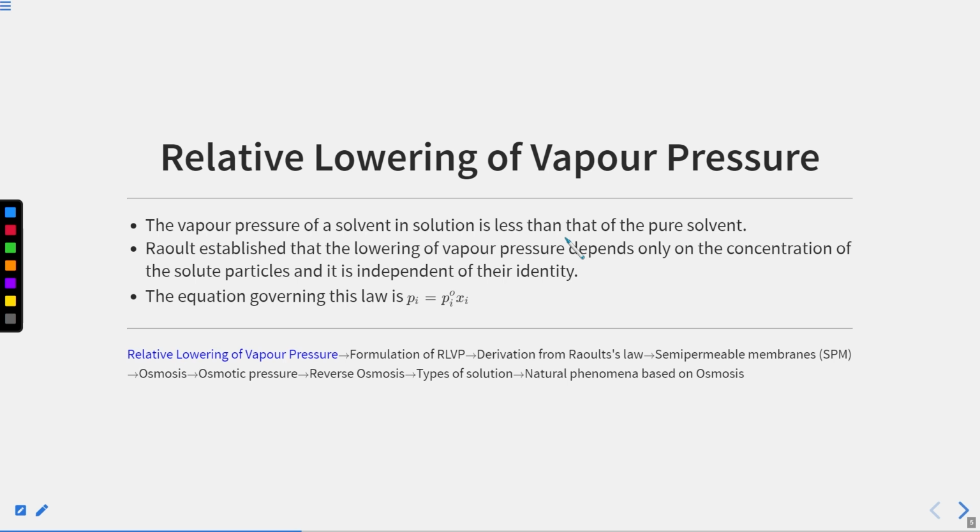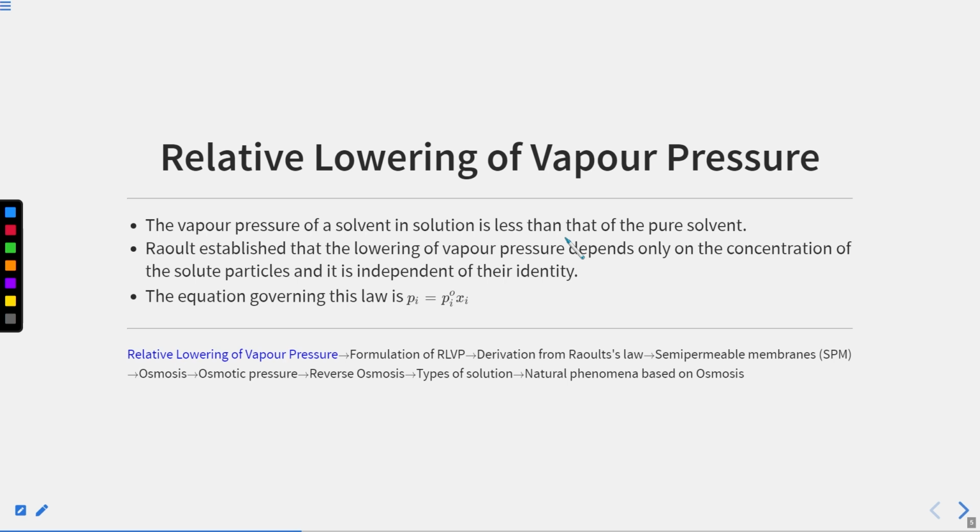Now we have added a non-volatile thing. So Raoult's law said that the vapor pressure is only due to the mole fraction of the component that is volatile in nature. Suppose we have a solution in which both the solute and solvent are volatile.